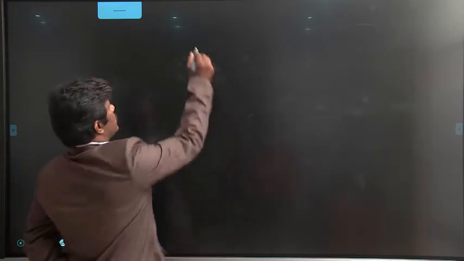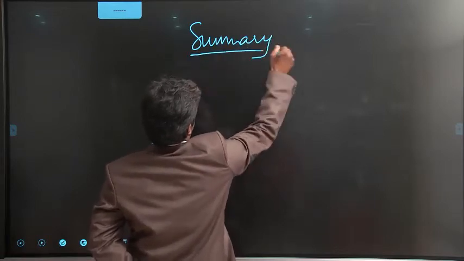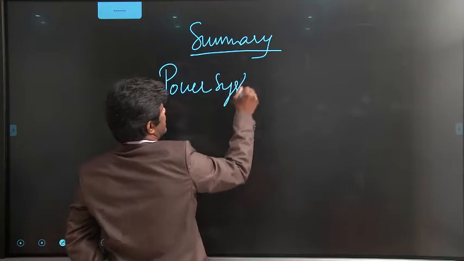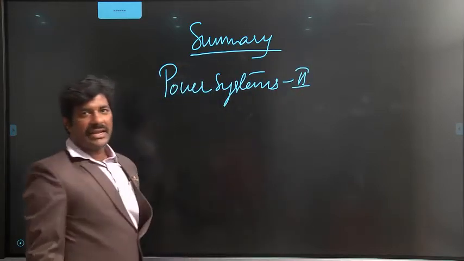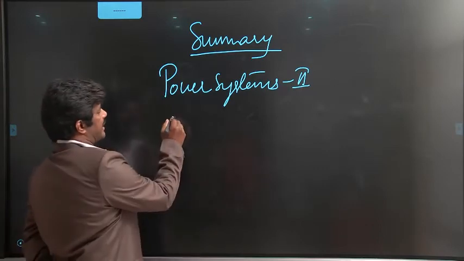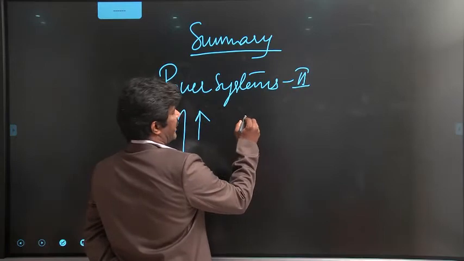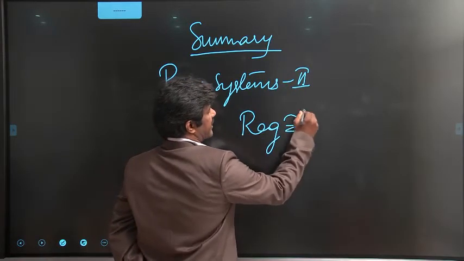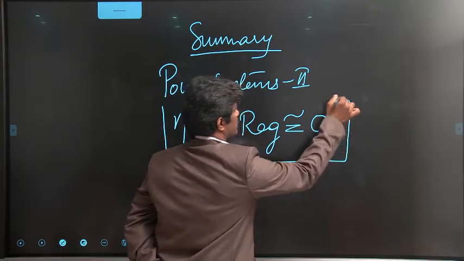of today's class, we are going to learn the course called Power Systems 2 in this semester 3-1, where the single line objective is to transmit the electrical power with higher efficiencies and better voltage regulations, that is with a voltage regulation approximating to 0. This is the single line objective of our course.